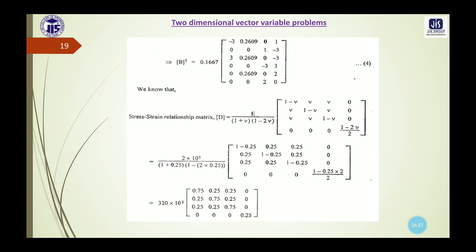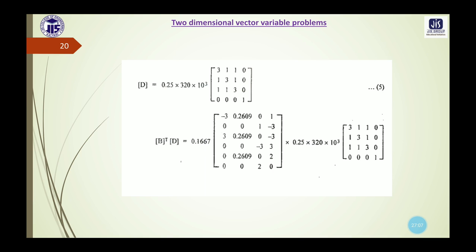After putting the values of these constants, we have calculated the stress strain relationship matrix as equation number 5, that means 0.25 into 320 into 10 cube multiplied by a 4 by 4 matrix. This is the value of the stress strain relationship matrix D.